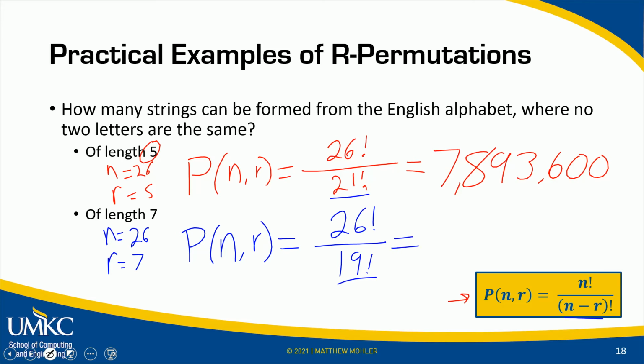And we'll find that that difference of 2 actually makes a pretty big difference, because now instead of 7 million possible permutations, there are now over 3 billion permutations, specifically 3,315,312,000 total permutations of length 7 from a set of 26 elements, in this case the English alphabet.